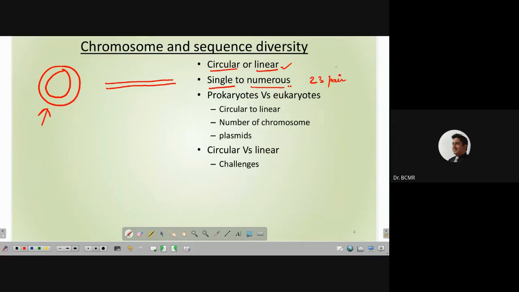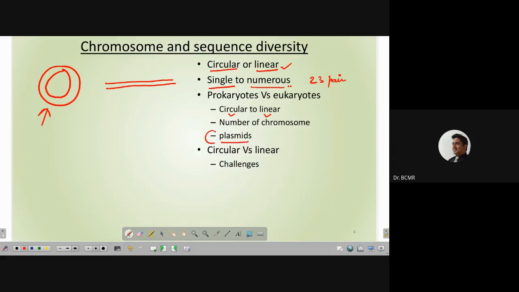That's a large number. And there are other organisms which have even larger ones. So prokaryotes, circular; eukaryotes, linear; and in prokaryotes, the majority have one, but in eukaryotes, usually it is more than one. And in prokaryotes, they have plasmids.